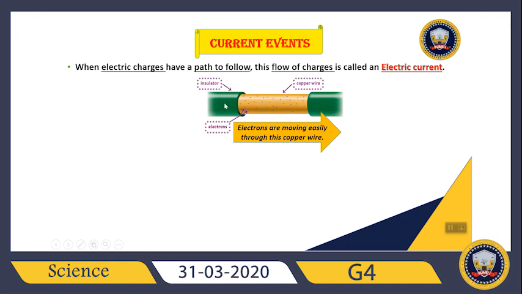So what about this insulator, this green one? Do you remember before when we studied the rubber, which is an insulator of heat and electricity? We have said that rubber is an insulator for both heat and electricity, and we used it for covering the electric wires in order not to be shocked by electricity.